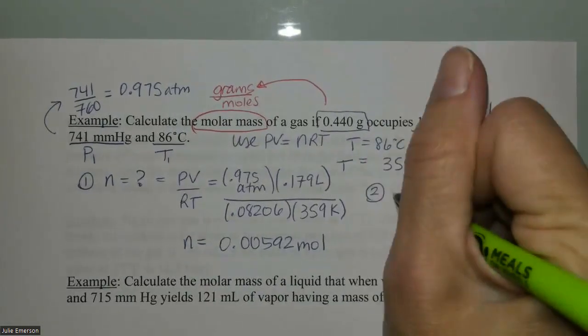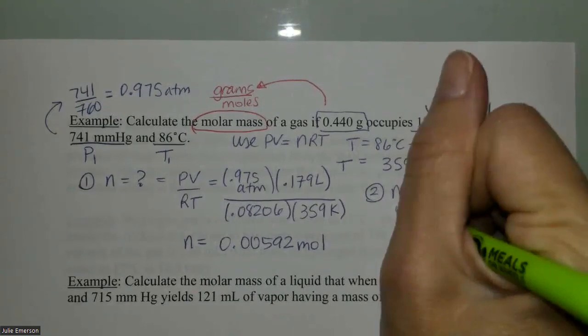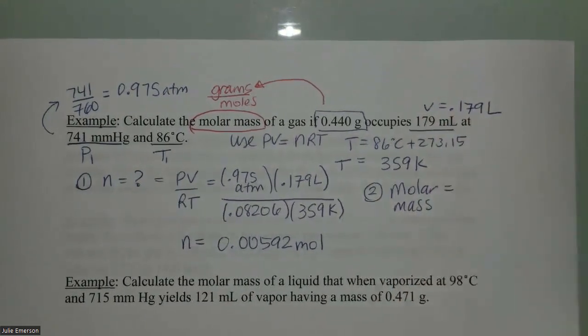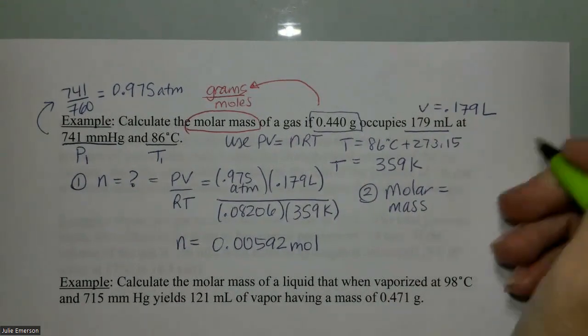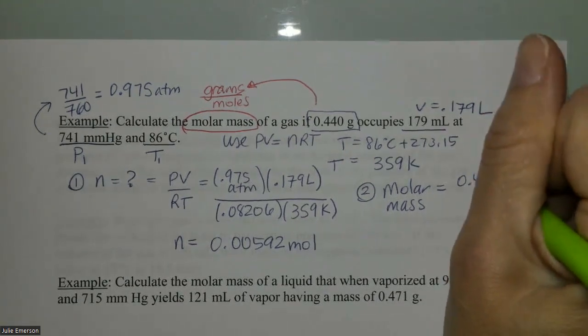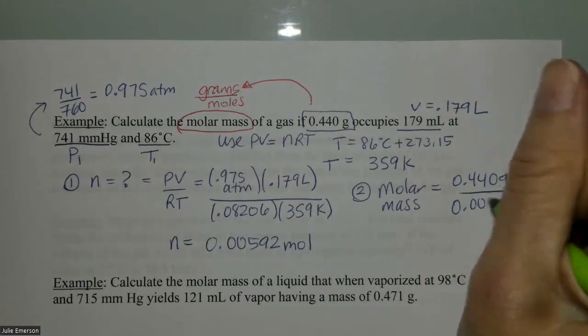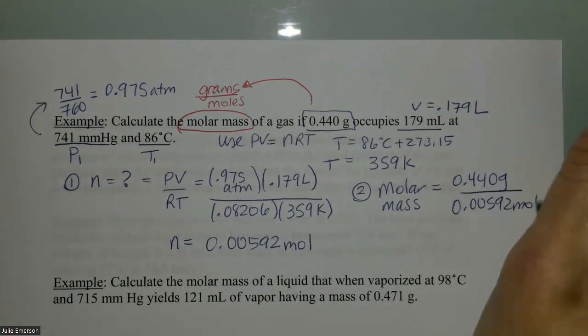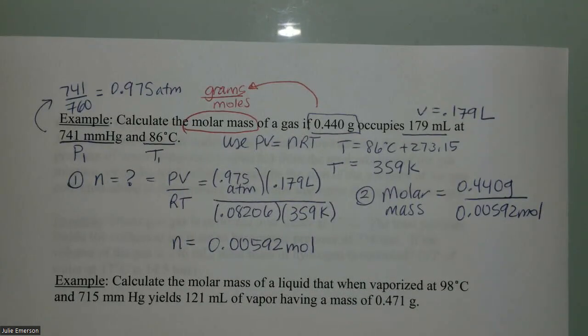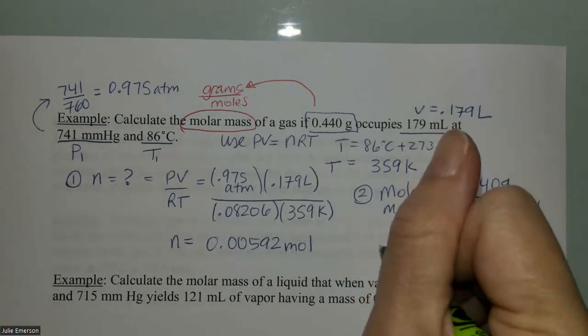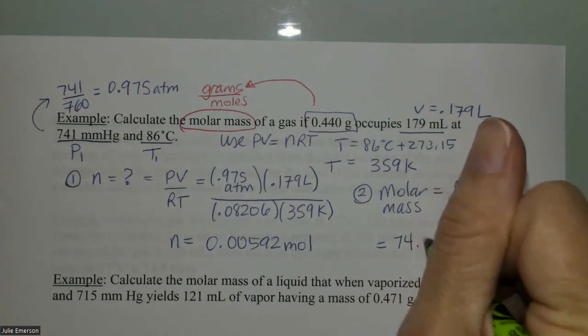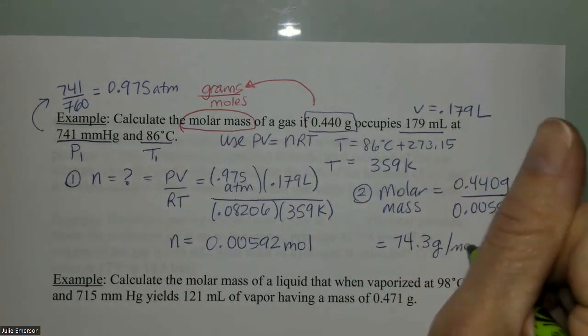Second part is to get molar mass, we need the grams of that gas in the sample, which was 0.440 grams, divided by the moles, 0.00592. So when I do that calculation, I get a molar mass of 74.3 grams per mole.